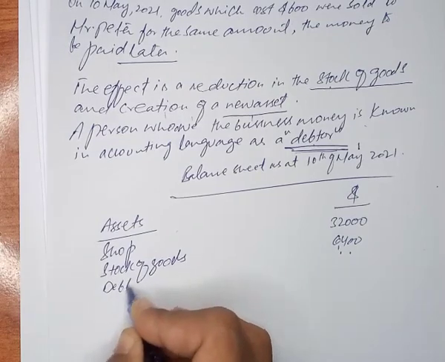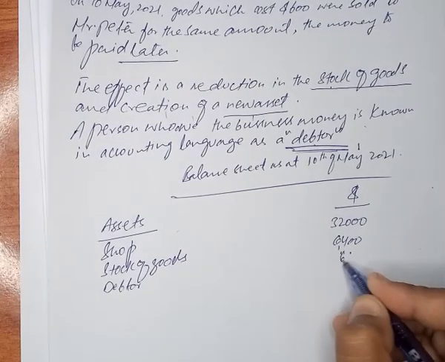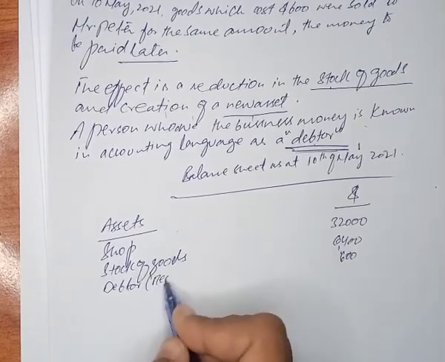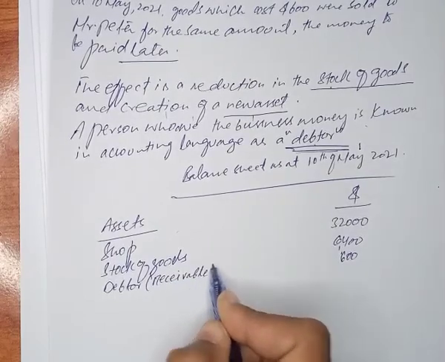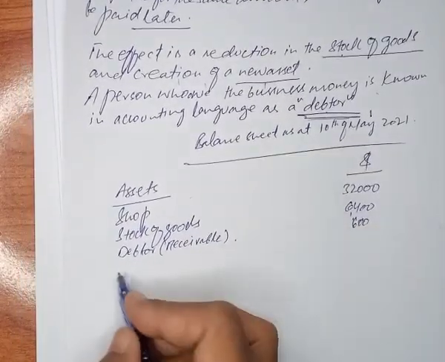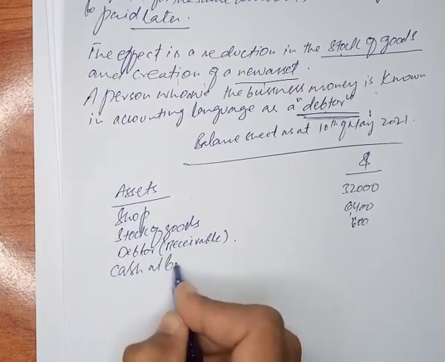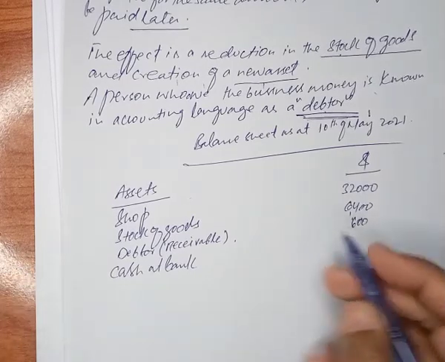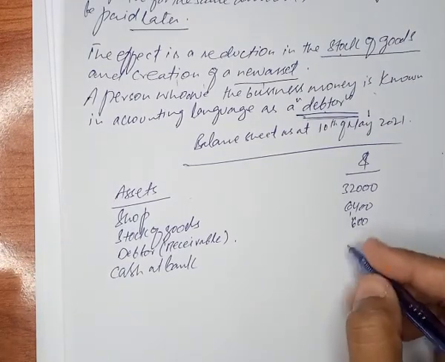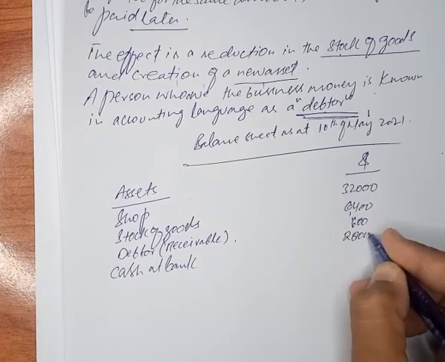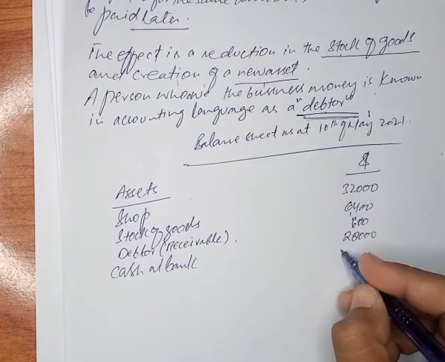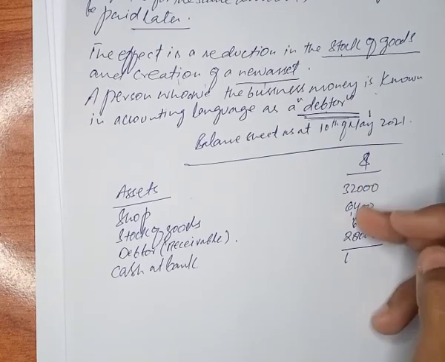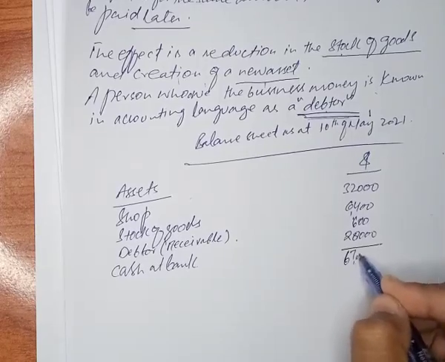So debtor will be how much? $600 in our receivable. This is our receivable, accounts receivable. Now cash at bank. Cash at bank is 28,000, that is same as previously. Now the total is $67,000.